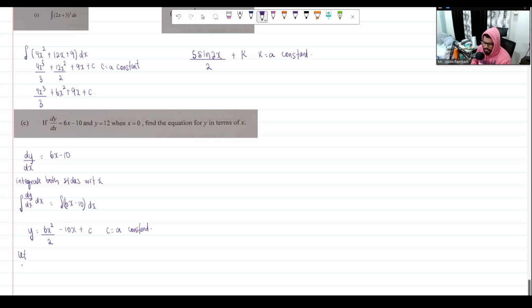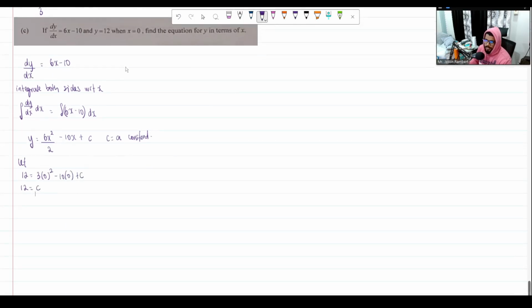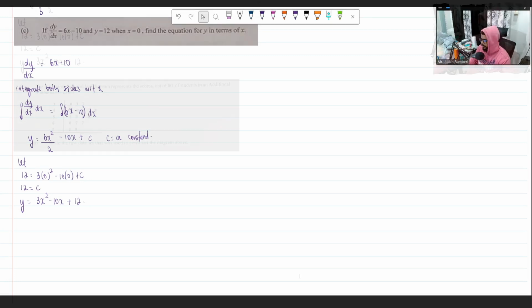So 12 is equal to 3 into 0 squared, take away 10 into 0, plus c, and I get 12 is equal to c. So now I've got y in terms of x: y is equal to 3x² take away 10x plus 12. And that looks like it for number 5.